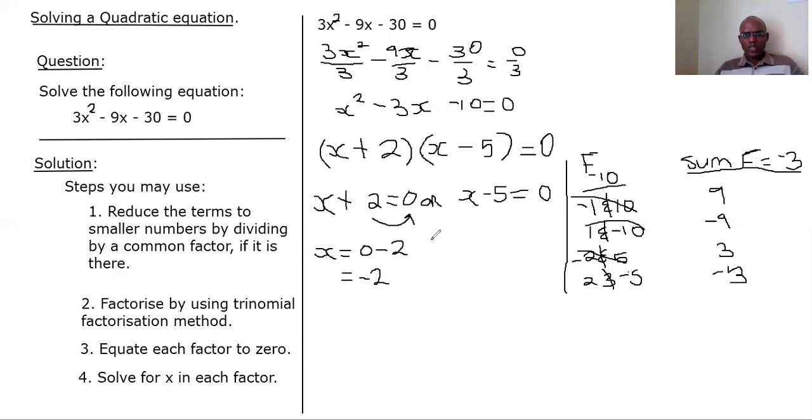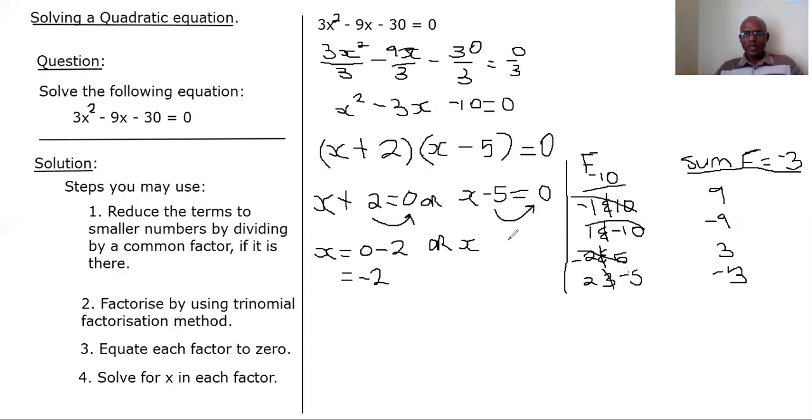Then I move on to the second factor. Remember, it's x minus 5 is equals to 0, right? So I'm going to transpose my negative 5 over the equal sign.